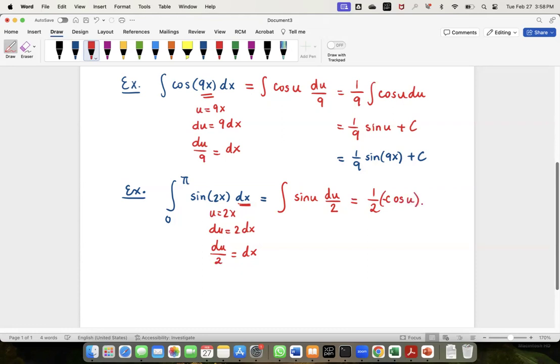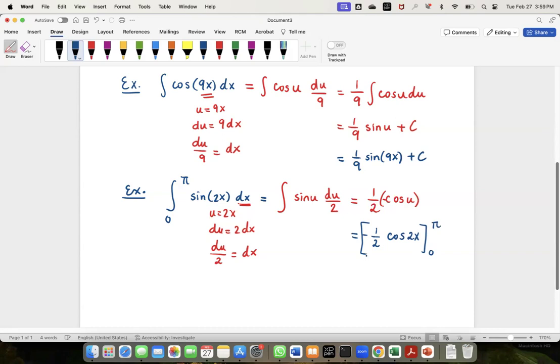I don't put plus c because it's a definite integral. I'm going to plug in values at the end. So my final answer in terms of x will be negative 1/2 cosine of 2x evaluated from 0 to pi.